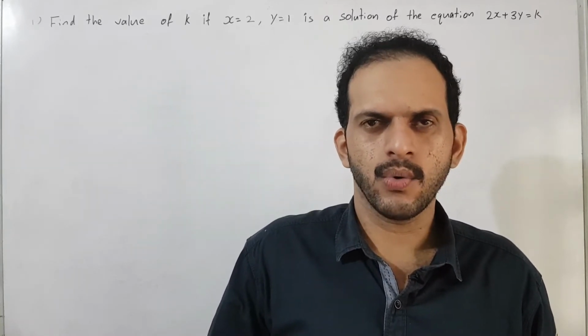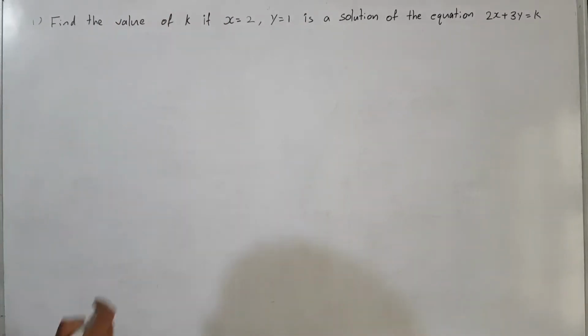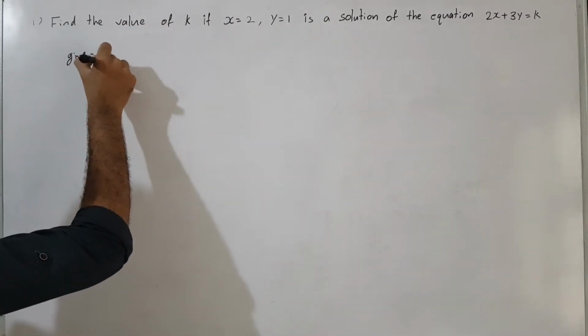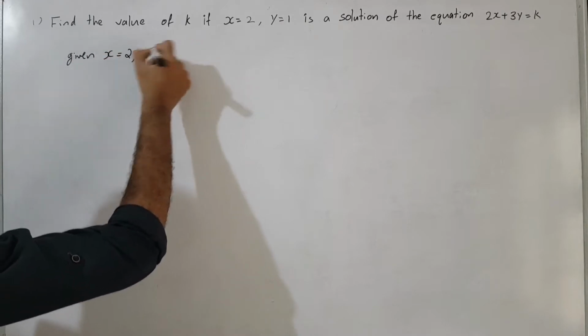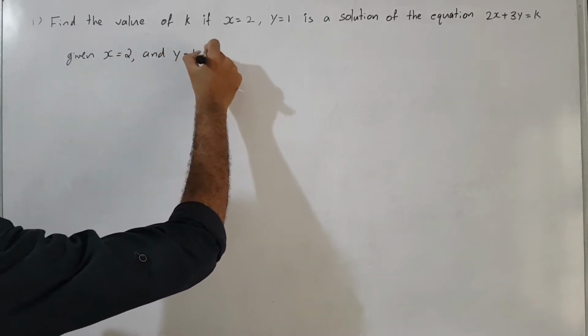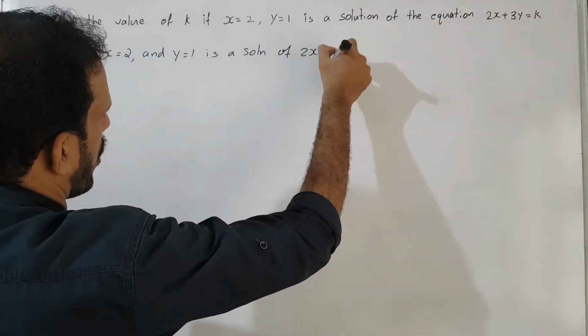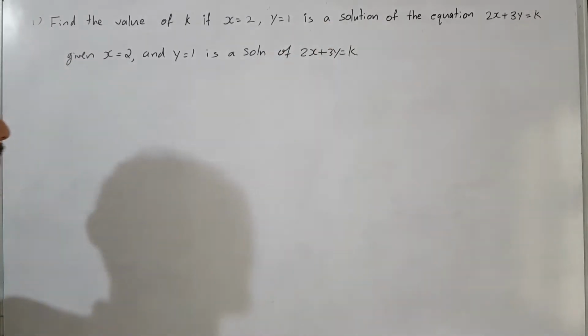Am I right? So here, what is the idea? We start like this: given x is equal to 2 and y is equal to 1 is a solution of 2x plus 3y is equal to k.